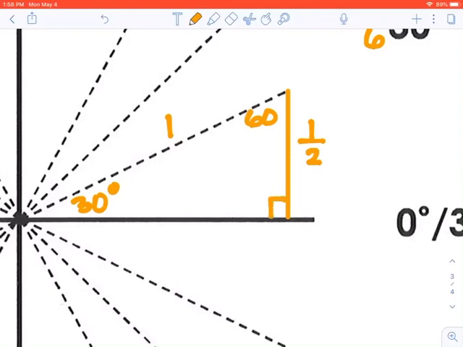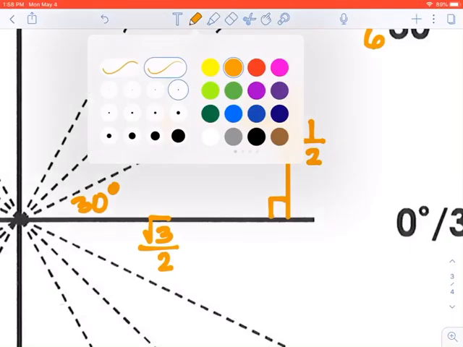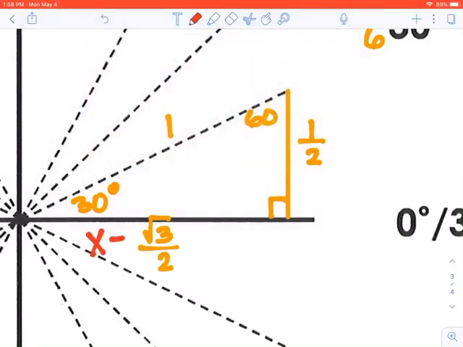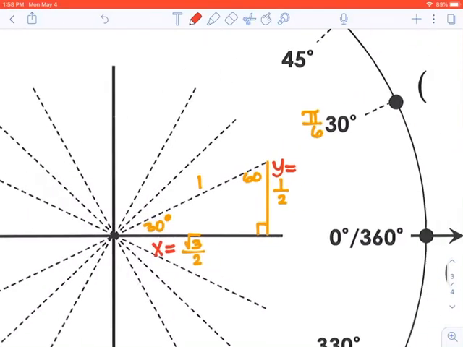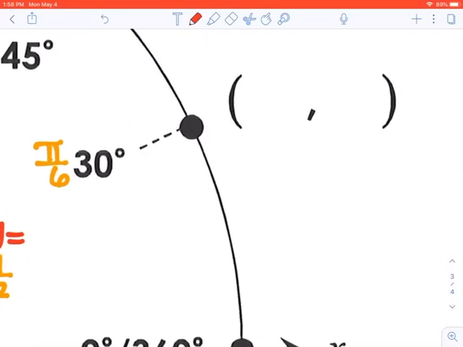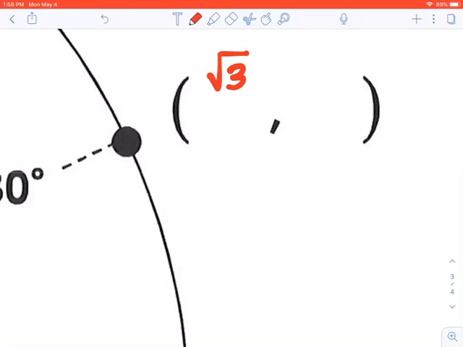The long leg will be the square root of 3 over 2 because it's 1/2 times the square root of 3, or the short leg times the square root of 3. So based on this 30, 60, 90 triangle, what I have is that x is equal to root 3 over 2 and y is equal to 1/2. So that is the point. X is root 3 over 2 and y is 1/2.